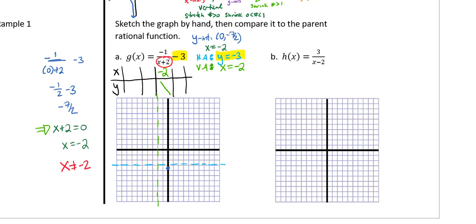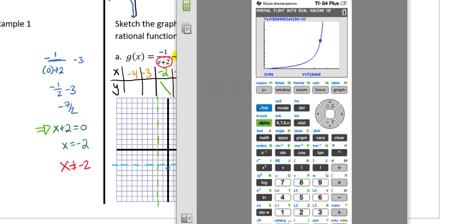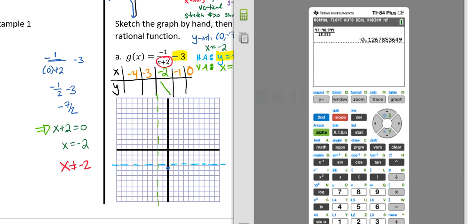So let's go ahead and pick a couple points. Let's pick a 0 and let's use -1. And then why don't we go ahead and do just -3 and -4, and let's see what that gets us. So now we're going to go ahead and plug that in. We can either do it by hand, or we can use our graphing calculator to get our answers. So I'm going to go ahead and pull up my graphing calculator to get our answers.